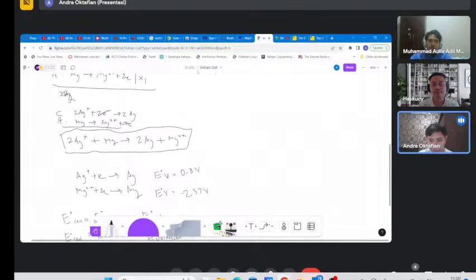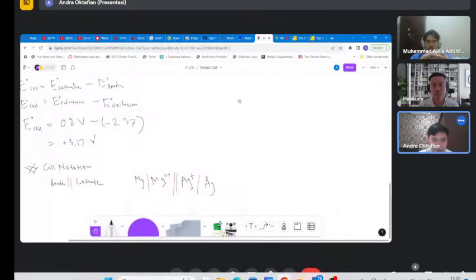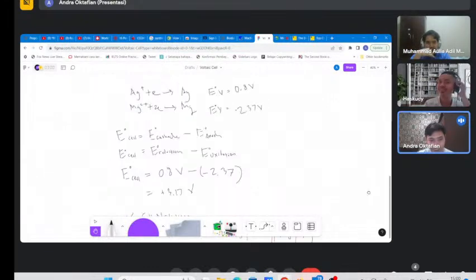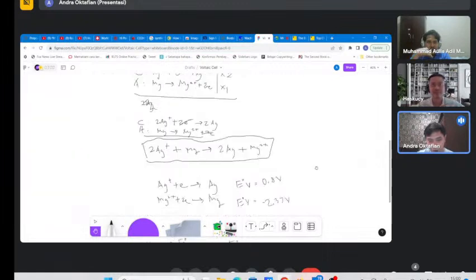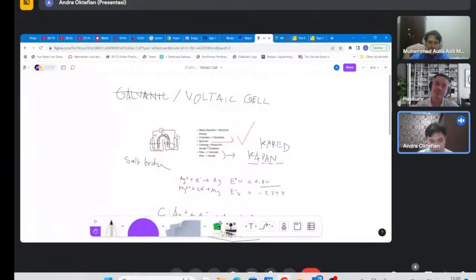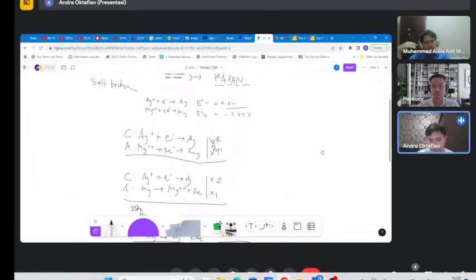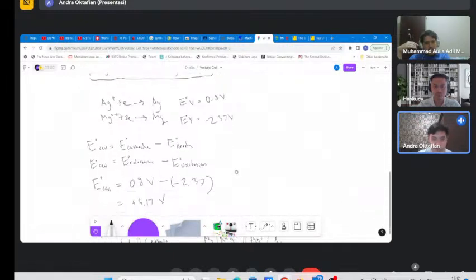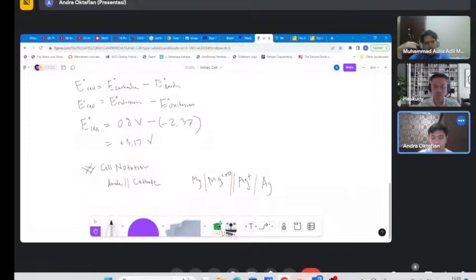I want to show you another example of a voltaic cell, but I'm afraid the time is not sufficient, so I'd rather show you just one example, from the magnesium and the argentum voltaic cell. What I want to emphasize is that I hope you at least understand the basics of how we can calculate the voltage of a cell.